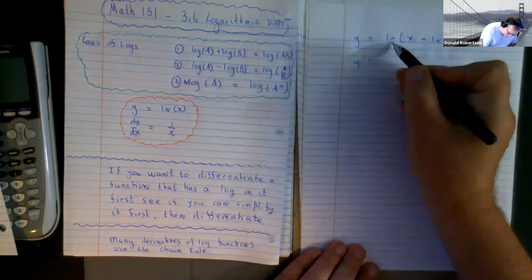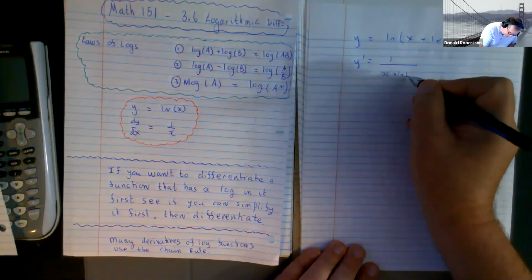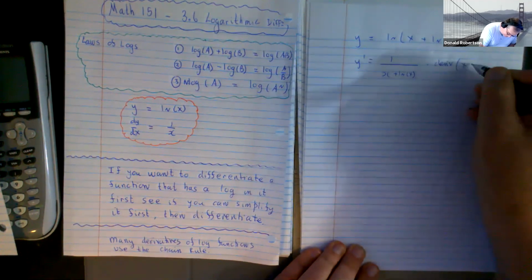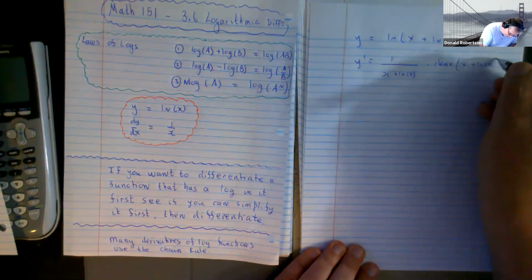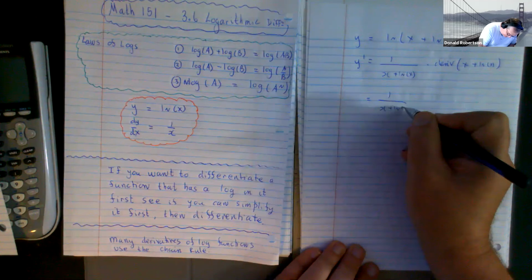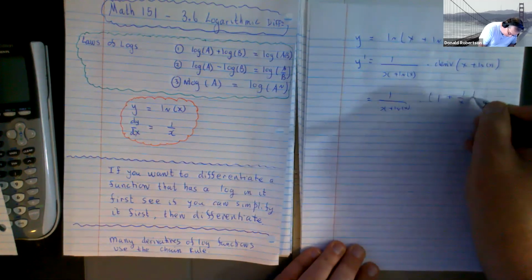It's a log of something, so it's 1 over something times the derivative of that something. So it's 1 over something times 1 plus 1 over x.